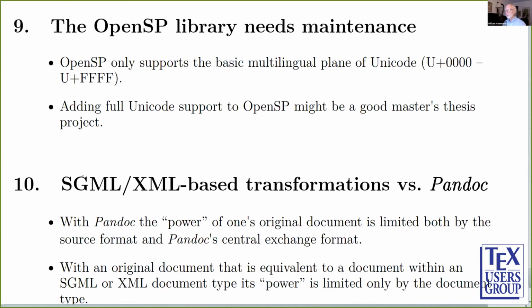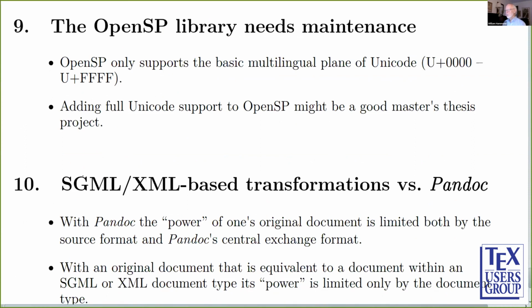What really caused me to hatch the idea for this talk, well, I use my LaTeX profiling project on an almost daily basis. And so I'm using SGML on an almost daily basis.